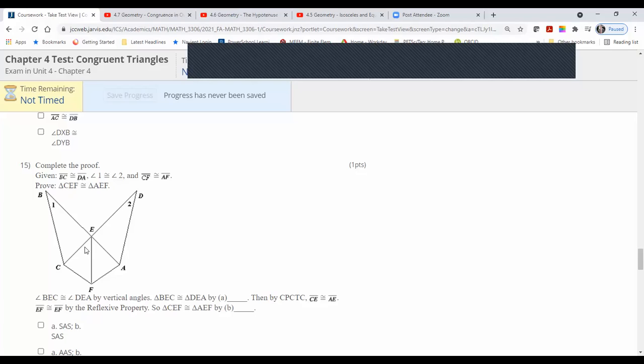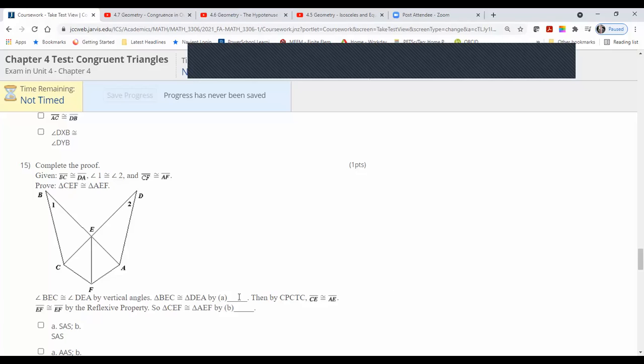I think there's one. Yeah, so this one is known from here, right? Okay. So you can see CE equals EA, and this one is congruent, plus the reflexive property, and this is given for CF congruent to AF.